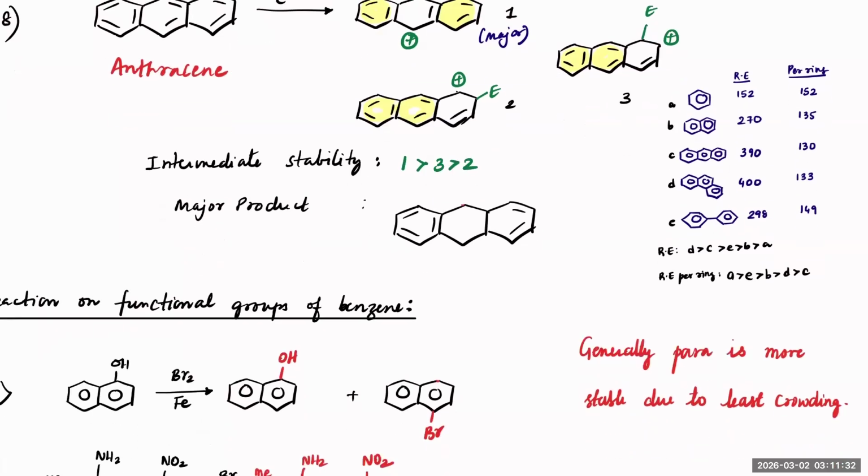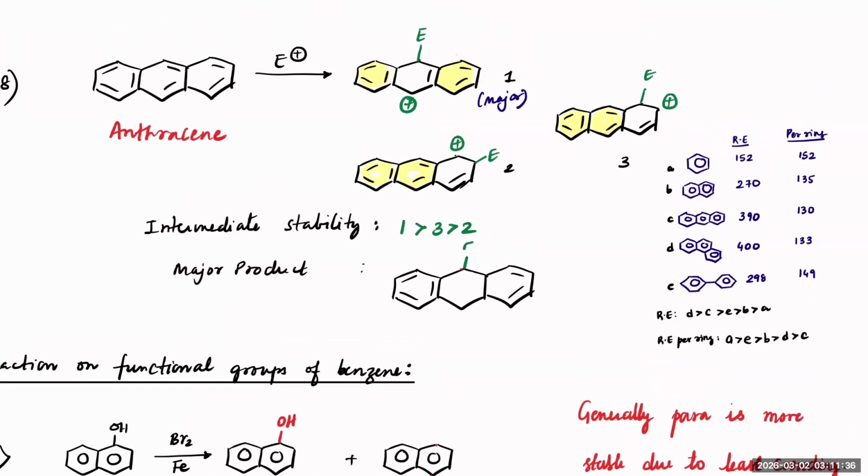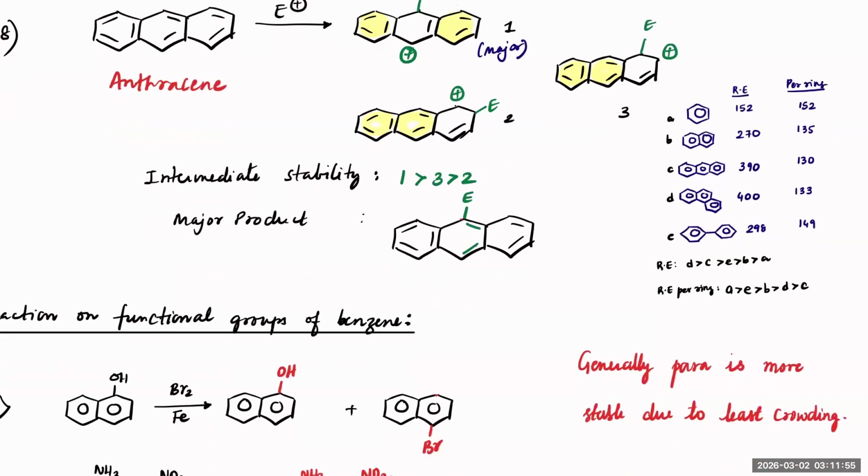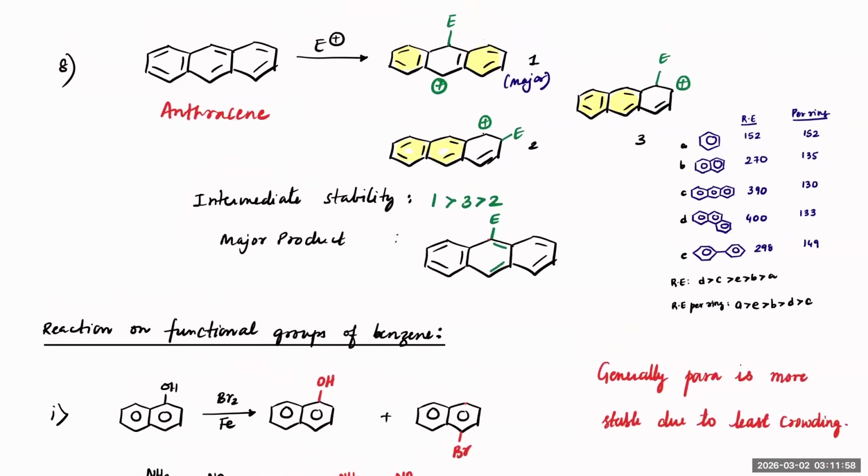And the major product will be this one here, an electrophile, and positive charge coming at this position. This will be the major product, which means the electrophile will come here, and overall once the electrophile gets attached here, we can say double bond at this position, double bond at this position. This is the major product.